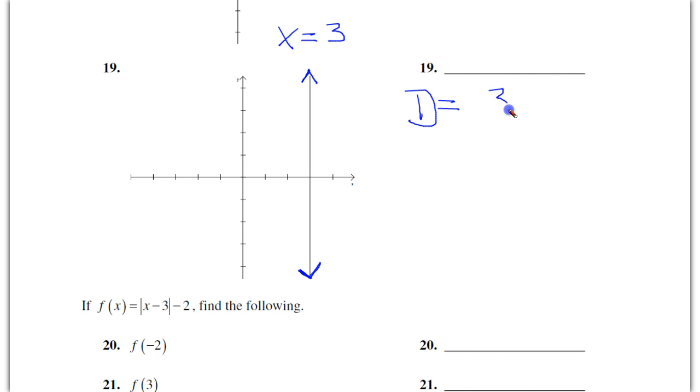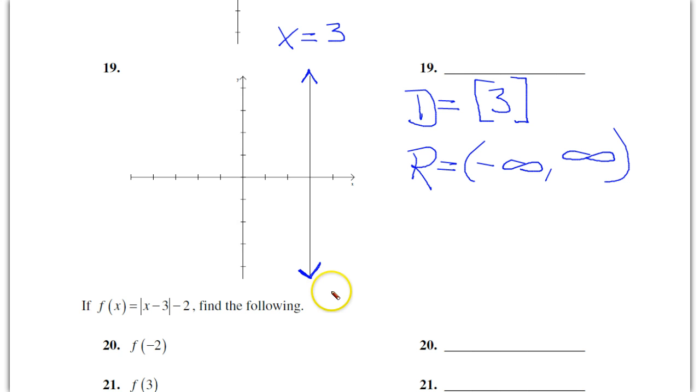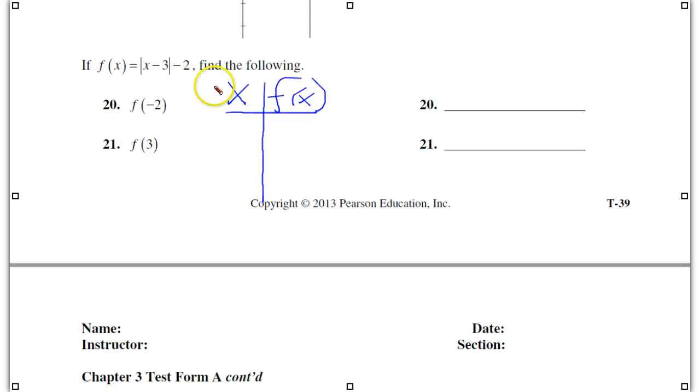So this would be a 3, and I think generally they'll put it in brackets there. That's correct. But how about your y values for the range? Well, it's coming up from -infinity and going up to +infinity. So that one was a little easy.